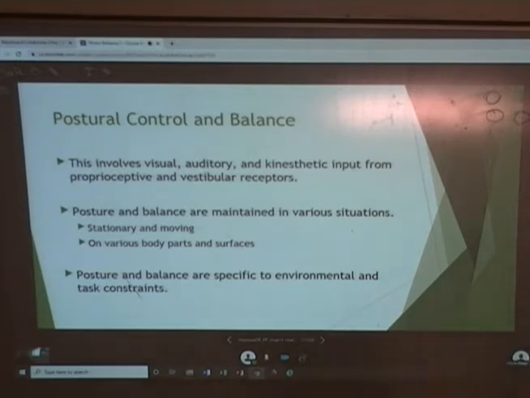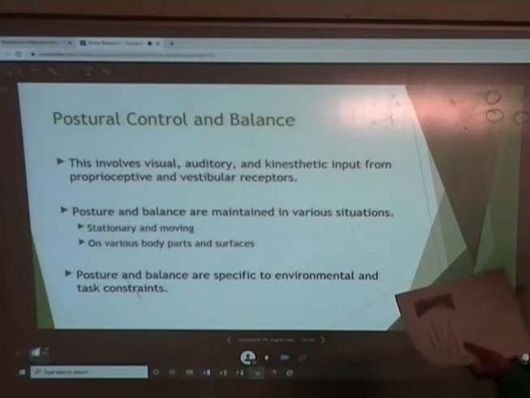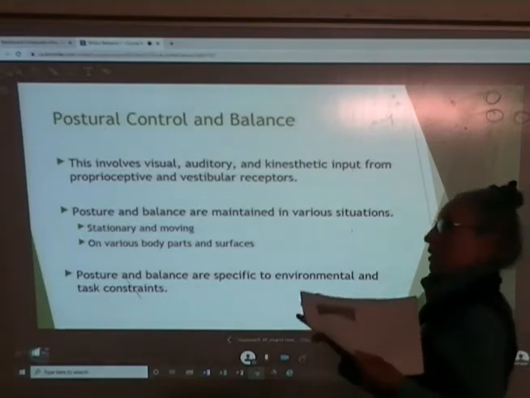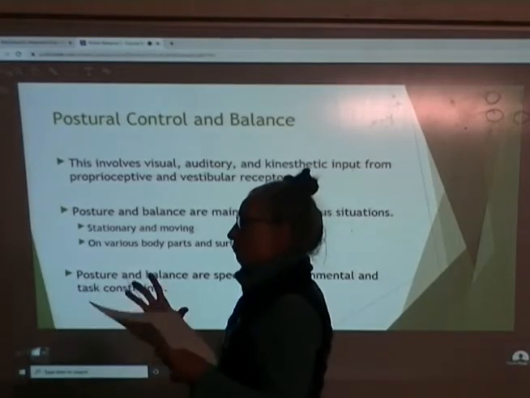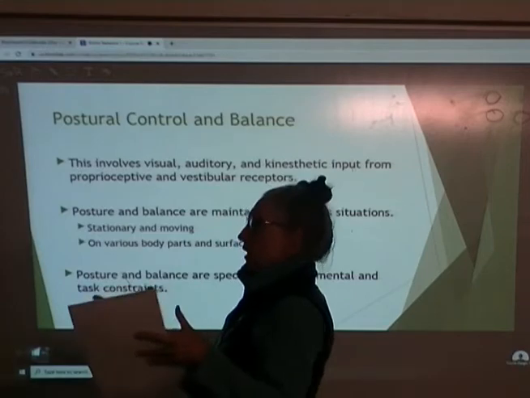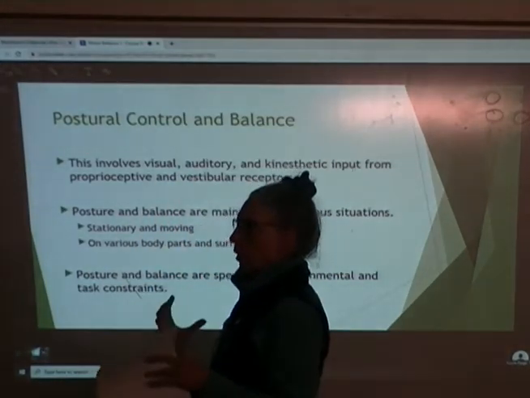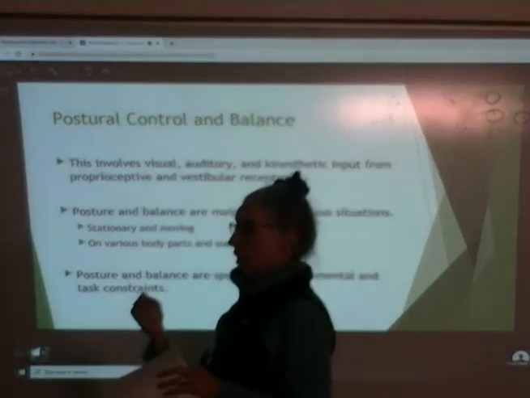We are finally organized. Okay, so a little bit on postural control and balance. Remember, this chapter is looking at the coupling of our perception of our environment that is put together in our brain based upon all the different kinds of sensory information that the brain is receiving, right?